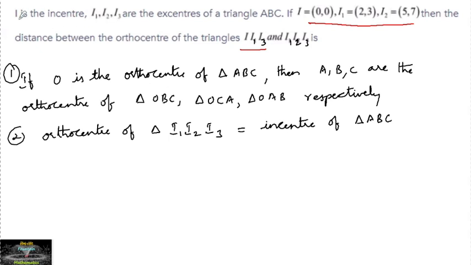Here in this question, I is the incenter given. I1, I2, I3 are the excenters of triangle ABC, where I is (0, 0), I1 is (2, 3), I2 is (5, 7). Then the distance between the orthocenters of triangle I1, I3. See, this is your triangle ABC.